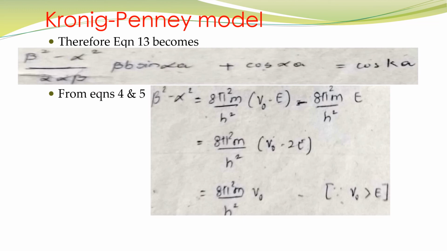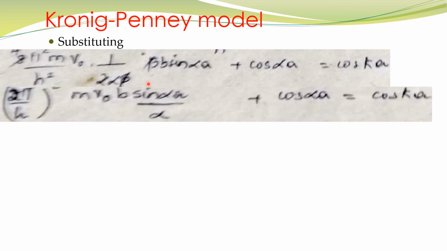So substituting beta square minus alpha square here, this is 2 into 2, 2 into 4 is 8. Beta will get cancelled out. This 4 pi square upon h square we are writing as 2 pi upon h the whole square.